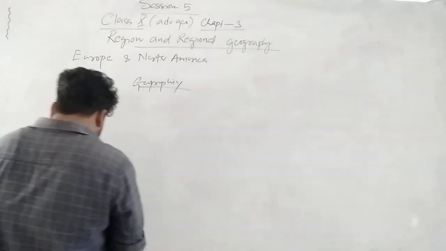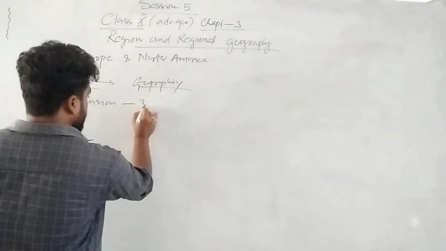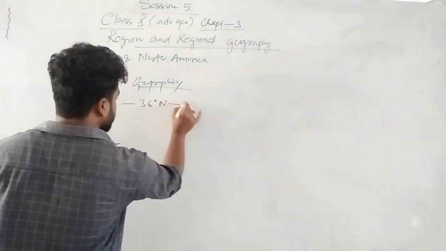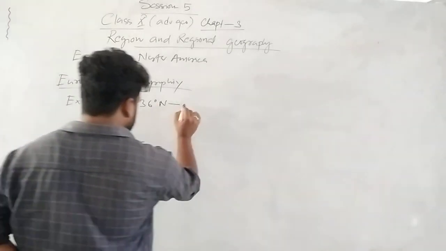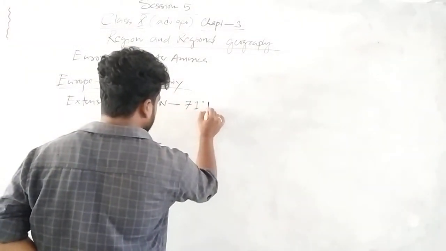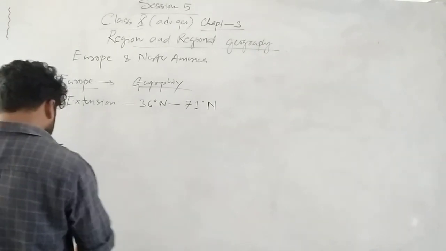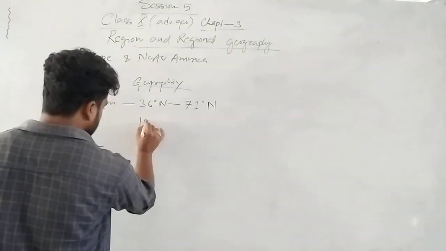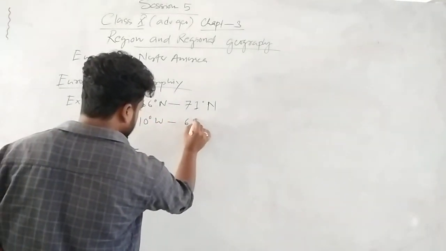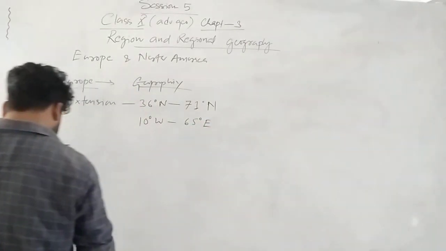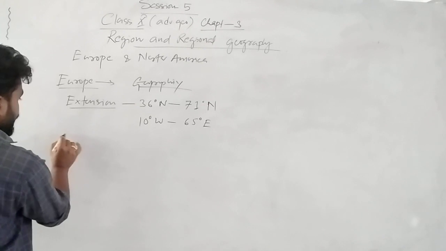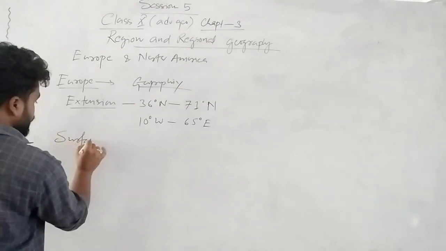Europe is extending from 36 degree north to 71 degree north, and 10 degree west to 65 degree east. That is its longitude.